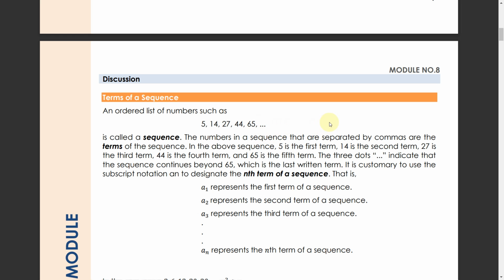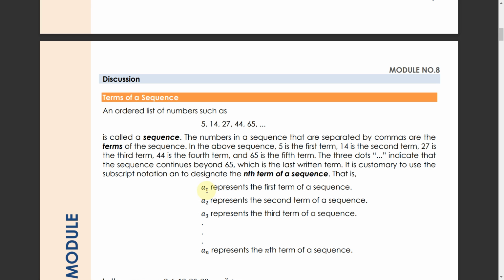It is customary to use the subscript notation a sub n to designate the nth term of a sequence. For the first term, we are going to use a sub 1. If the number is up high, that is a power or superscript. If the number is below, this is a subscript.